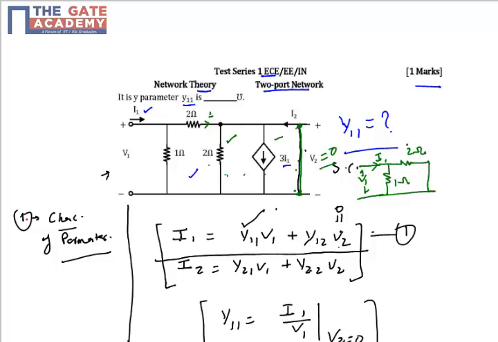We have a total of 6 types of parameters in a two-port network. Second, we need to use KVL and KCL. If you have good practice with KVL and KCL and you remember the equations, you will definitely be able to solve the GATE problems of this chapter. That's all for this problem. Thank you.